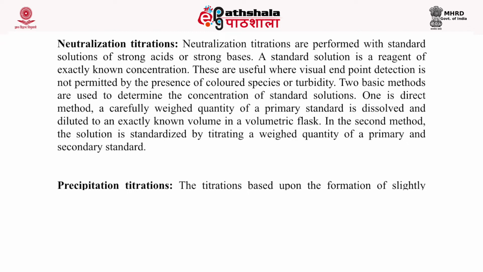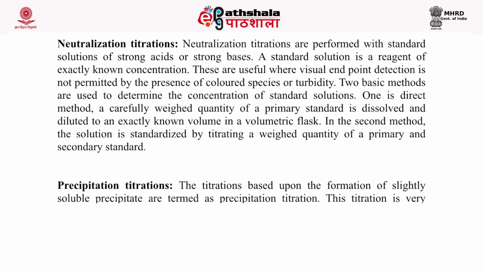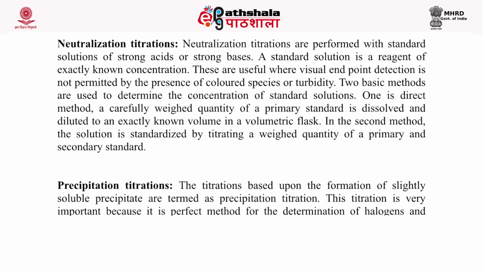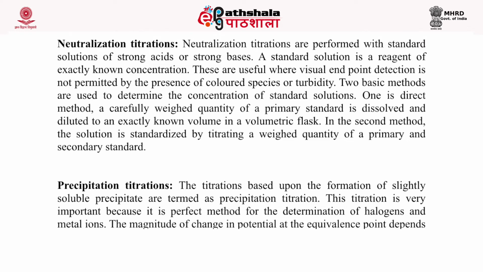Another type is precipitation titrations. These titrations are based upon the formation of a highly insoluble or slightly soluble precipitate. This titration is very important because it is a perfect method for the determination of halogens and metal ions.